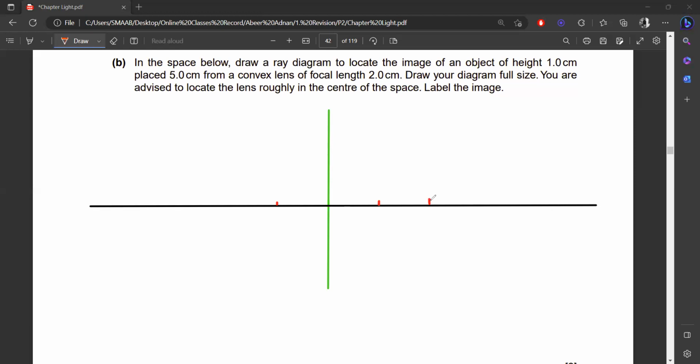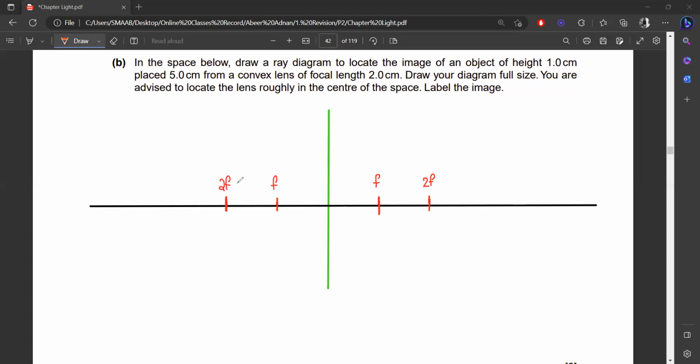And this will be 2F. So we are having values of F and 2F. So this is F, exactly 2 centimeter from the lens, and this is 2F, exactly 4 centimeter from the lens. This is again F on the left hand side. This is again 2F on the left hand side.